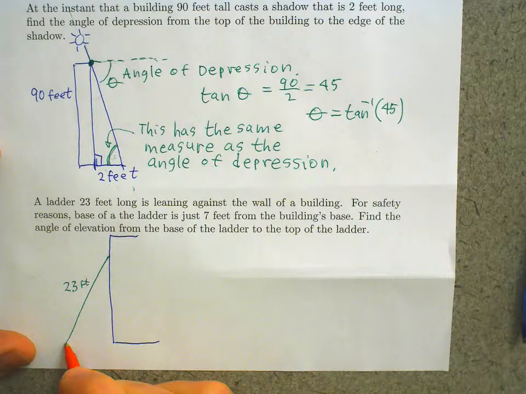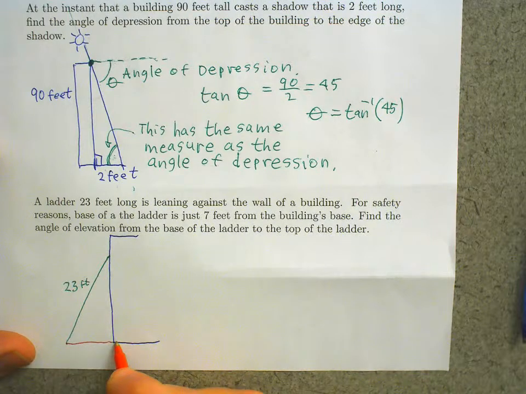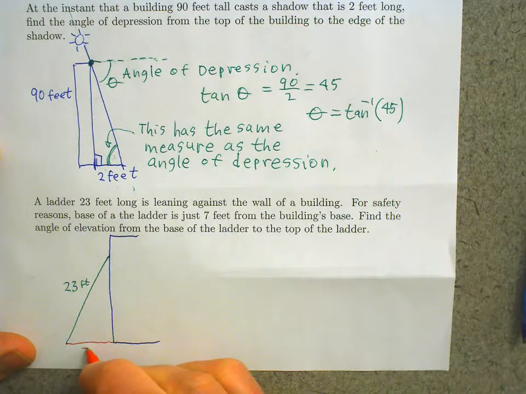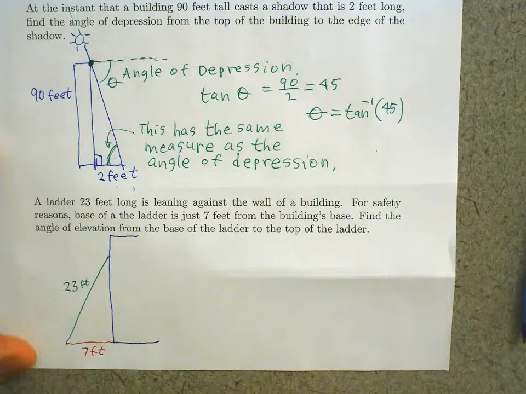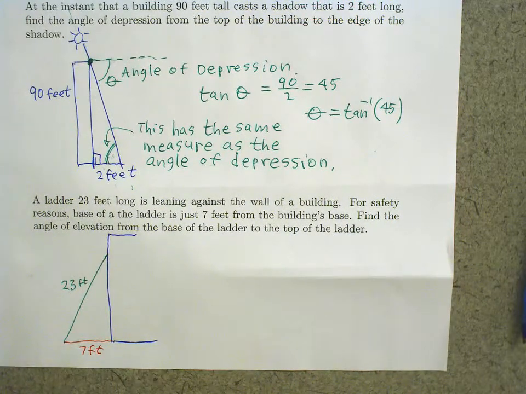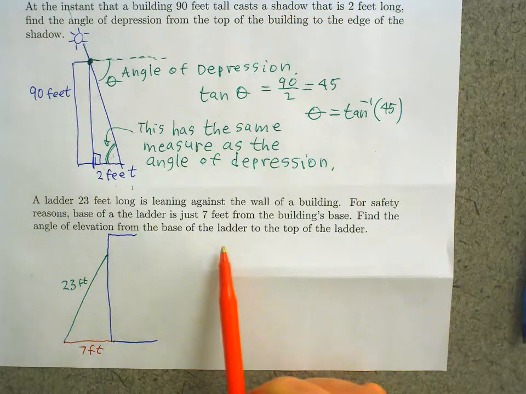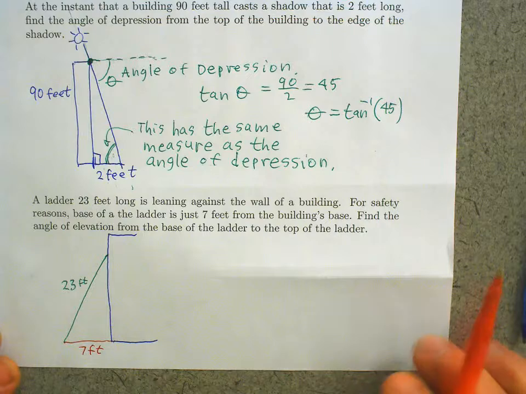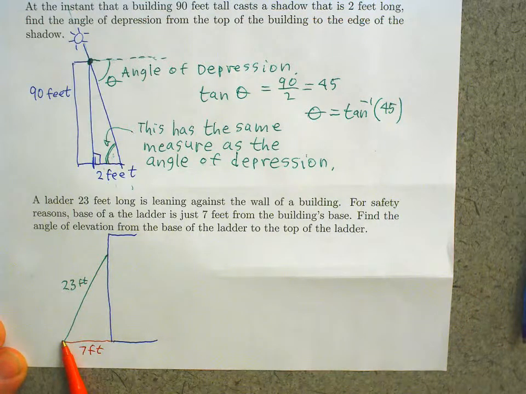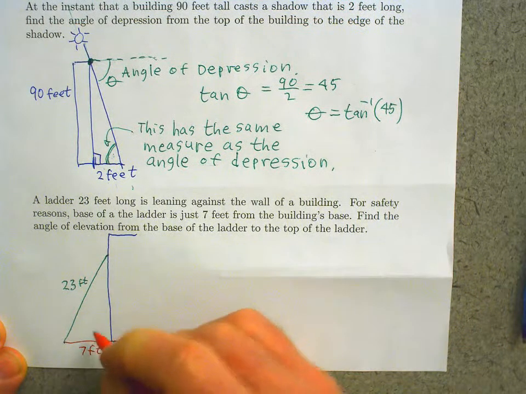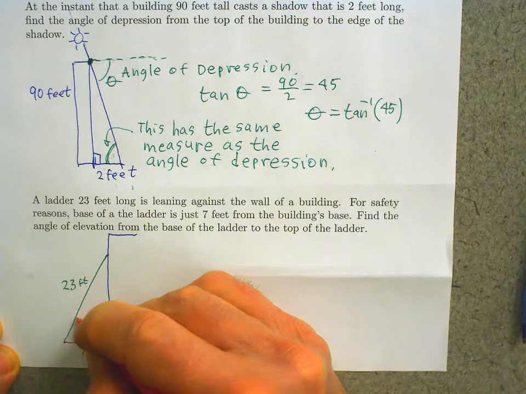And the base of the ladder is 7 feet from the base of the building. Find the angle of elevation from the base of the ladder to the top of the ladder. Okay, so from the base to the top, the angle of elevation is this angle, theta.